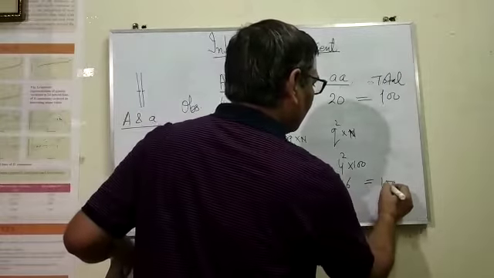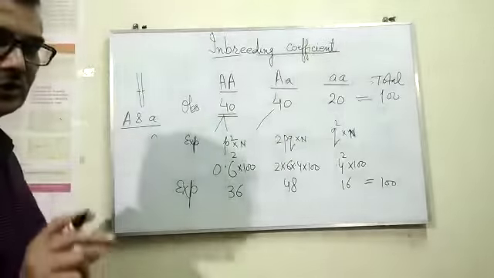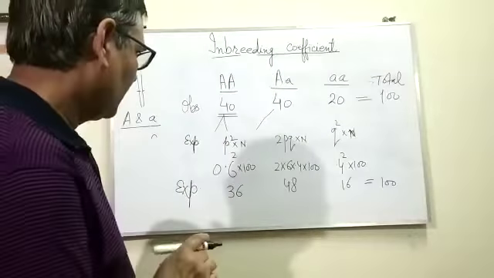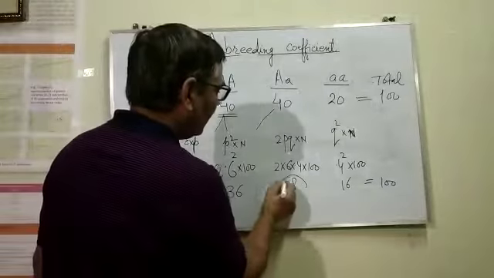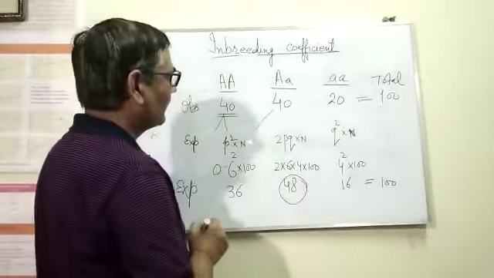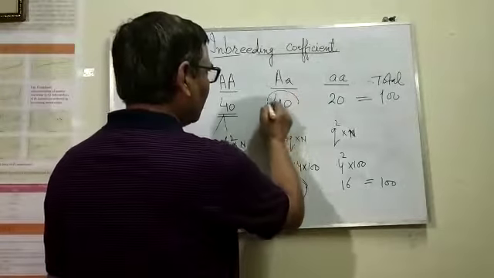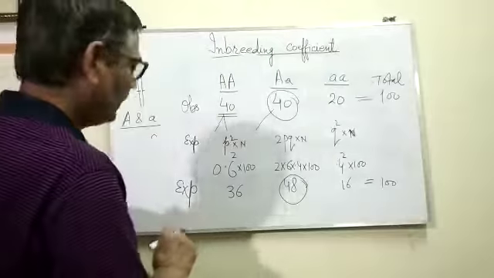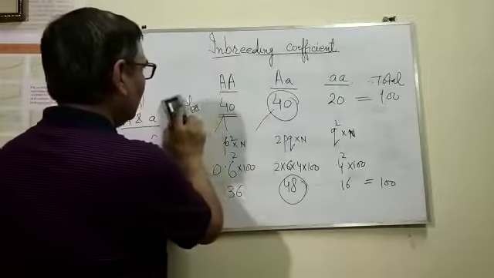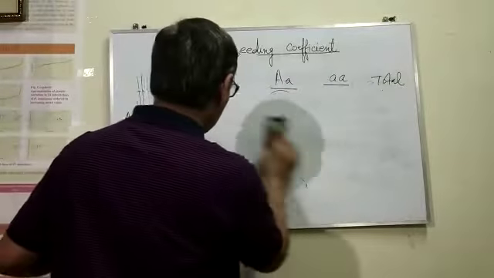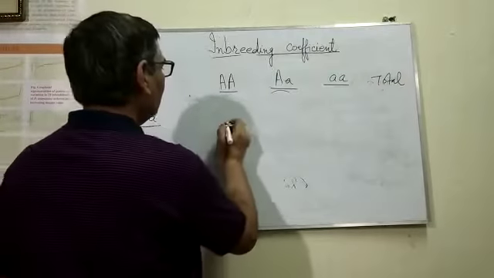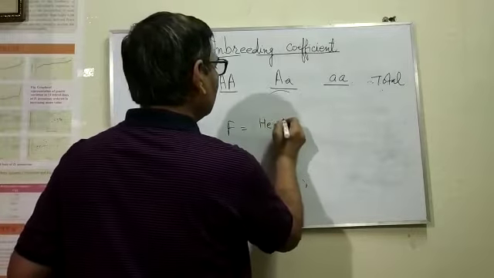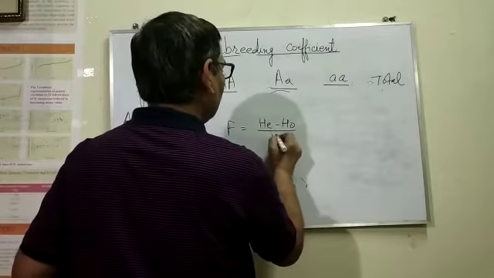Now the total will be 100. The total of expected values must equal the observed one. So we expect 48 heterozygotes in the population, whereas only 40 individuals have been observed. So now we can calculate this F value, that is, the inbreeding coefficient, as we know that F is equal to HE minus HO divided by HE.